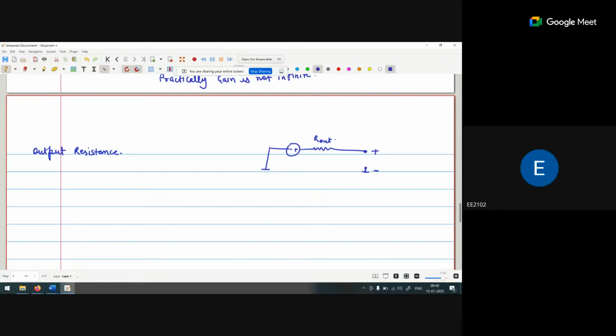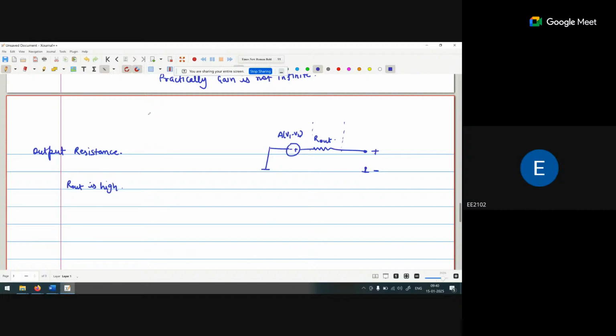Okay, why? Because if R out is high, then for this A times V1 minus V2 that you are taking as a voltage, the maximum drop will be there.